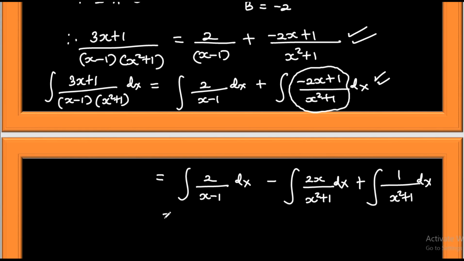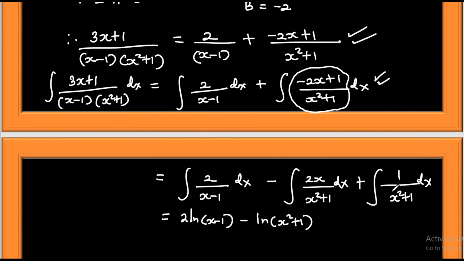So finally the answer comes to 2 natural log of x minus 1. We integrate this using change of variables. That means our answer is going to be a natural log of x squared plus 1. Why do I say so? Because when you differentiate the denominator, you actually get the numerator.